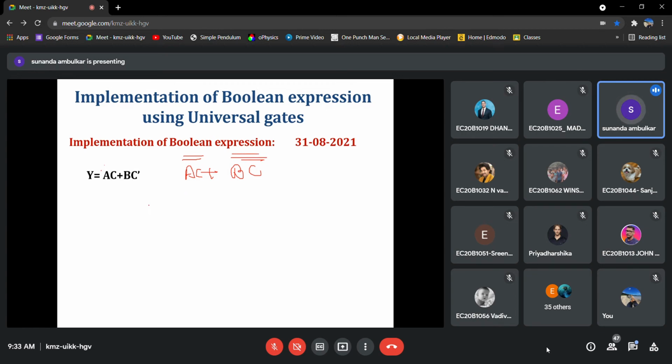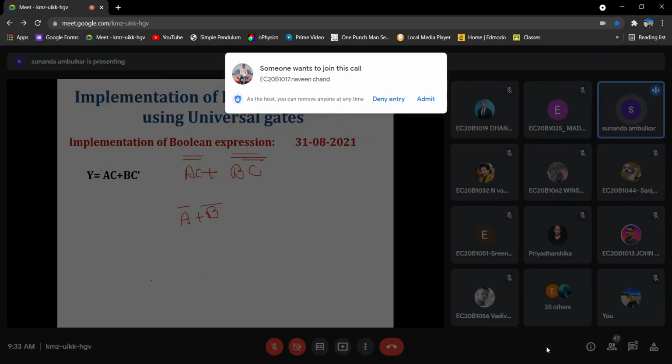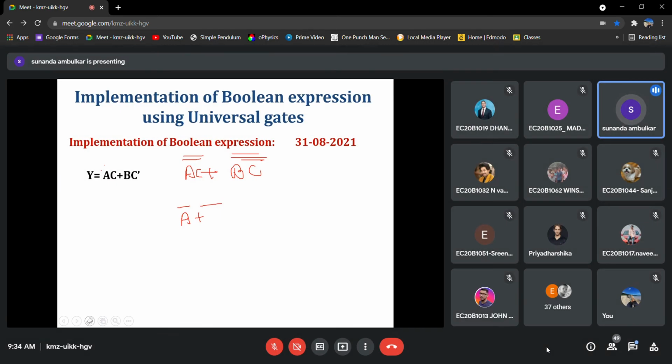So here it will implement A bar plus B bar C bar, sorry. This will be A bar C bar plus B bar plus C, here the whole bar.